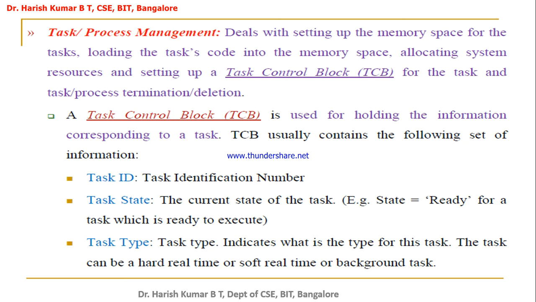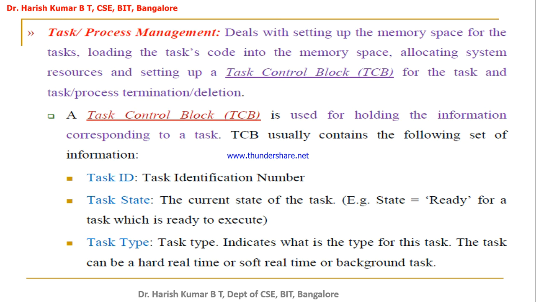Now, what is process management? As already highlighted, it is responsible for allocating the memory space for the process which is ready to execute, and also for allocating the necessary resources.